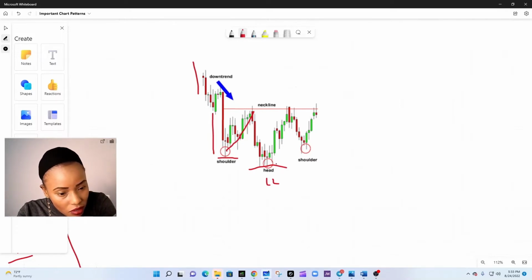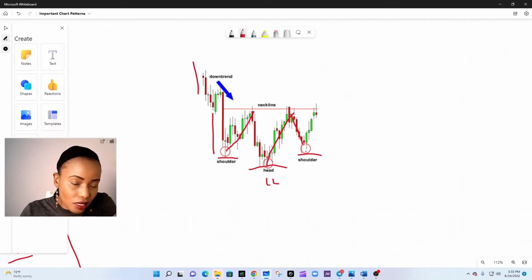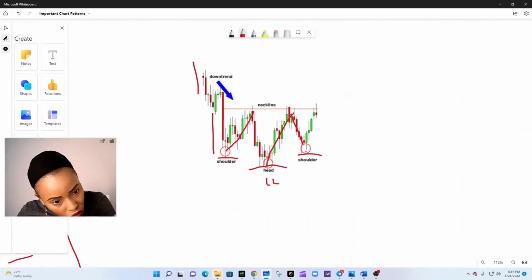And then once the price hit this level, it corrected again. Then the price attempted to hit that level again, the lowest point, but it was unable to take out the head, and therefore the price formed a shoulder. So as a trader, what does this chart pattern tell you about the price?